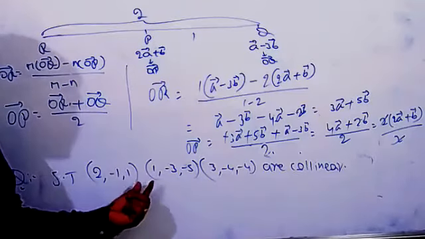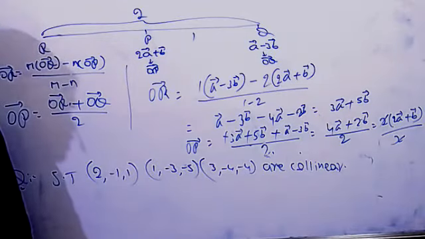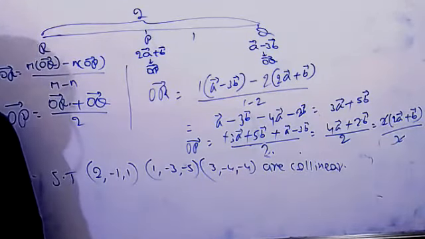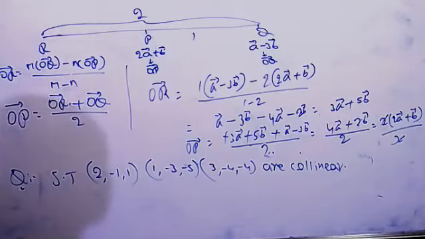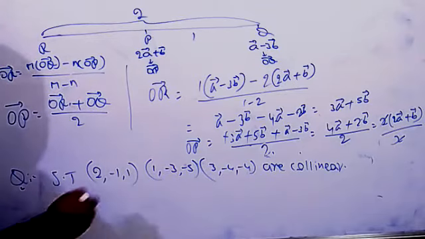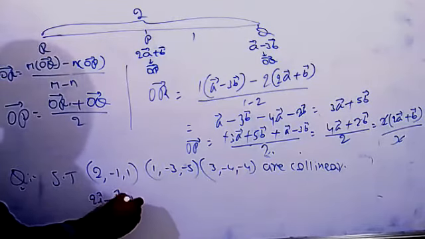If they give points, or if they give vector form, no need to get any confusion. We have to follow the same procedure as previously. The first one I can take directly: 2i minus j plus k.